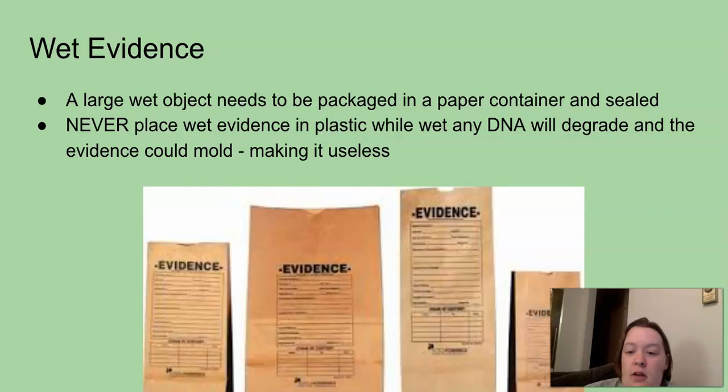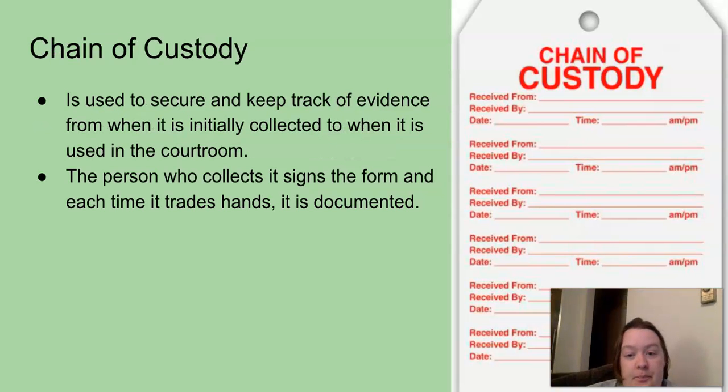So if someone was mugged and they think maybe the shirt contains the DNA from the attacker, the shirt is placed in a paper bag. If any type of bodily fluid, blood or otherwise, may be on something, it always goes in paper so the evidence is kept intact. Otherwise, it could degrade and it would be useless.